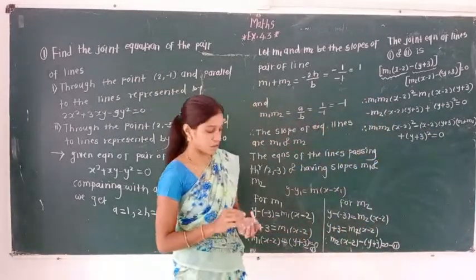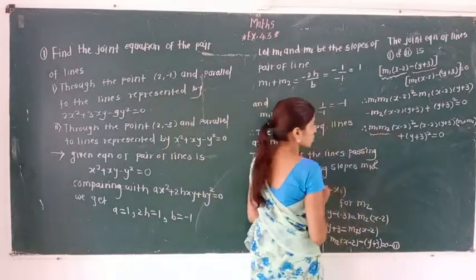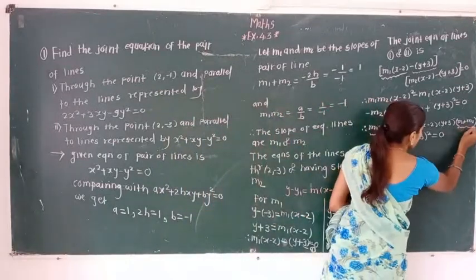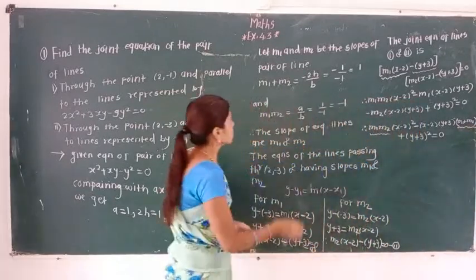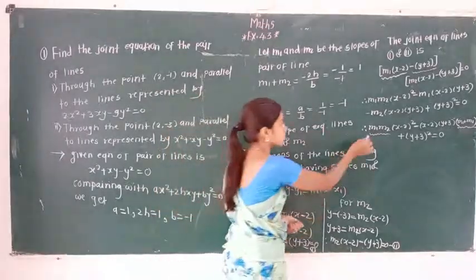Now we know the value of m1 into m2 and the value of m1 plus m2. Now put the values of the sum of slopes and the product of slopes in this equation.